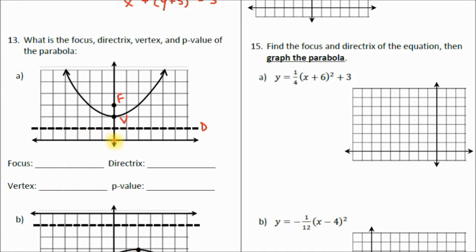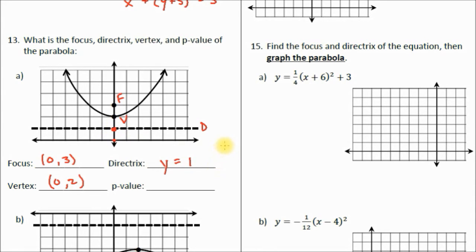So my focus is at 1, 2, 3. So (0, 3). 0 on the x-axis, 3 on the y-axis. Our vertex is (0, 2). We're going to go 0 on the x-axis, 2 on the y-axis. Our directrix is every point where y, take a look at this, where y equals 1.